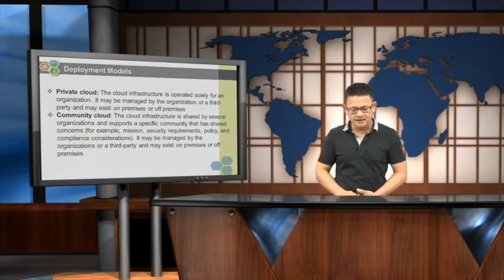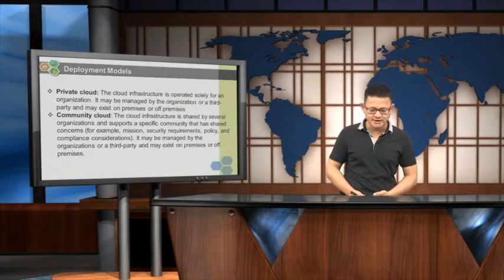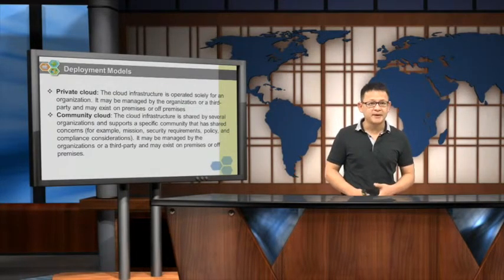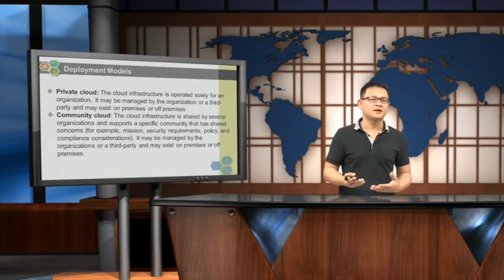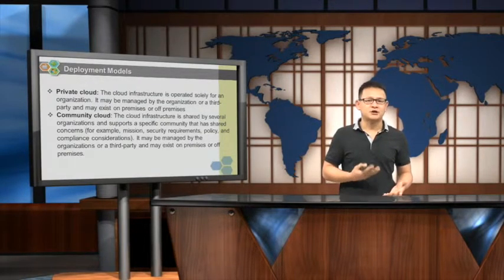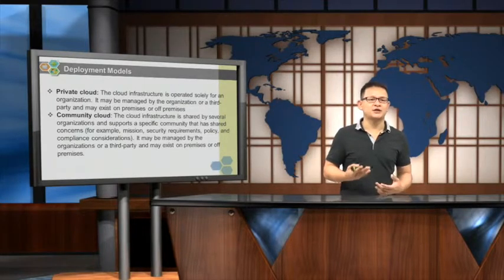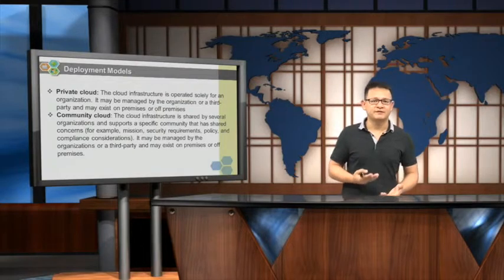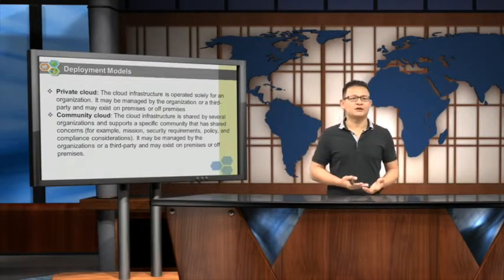We have the second deployment model, which is the community cloud. Maybe instead of using something private, you can use an infrastructure that is shared by several organizations and supports a specific community that has shared concerns.